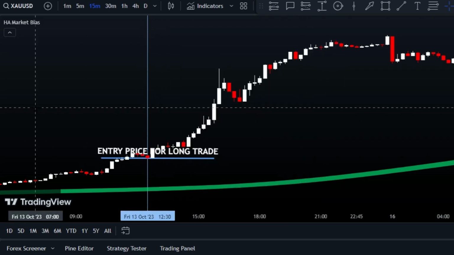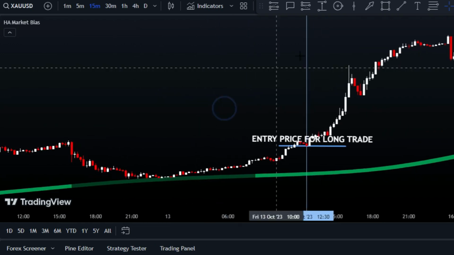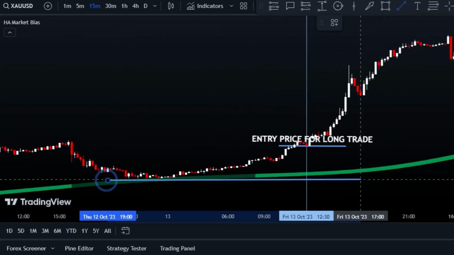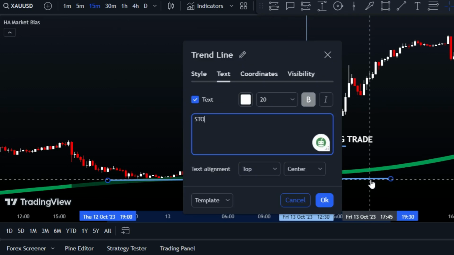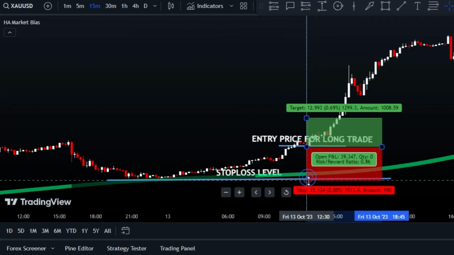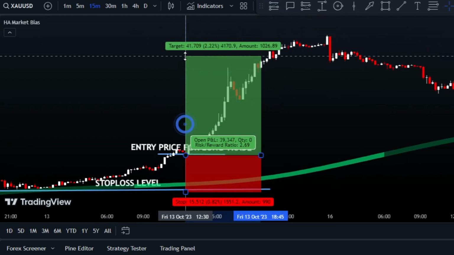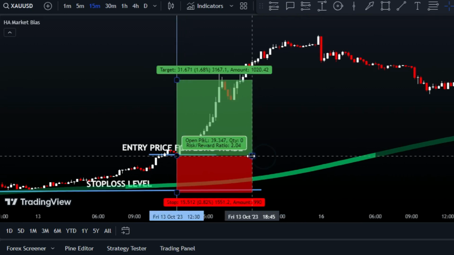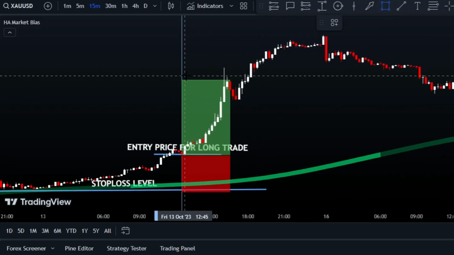And to set your stop loss, you can use the recent swing low point. And for the profit taking part, a risk reward ratio of 1 to 2 is suggested.